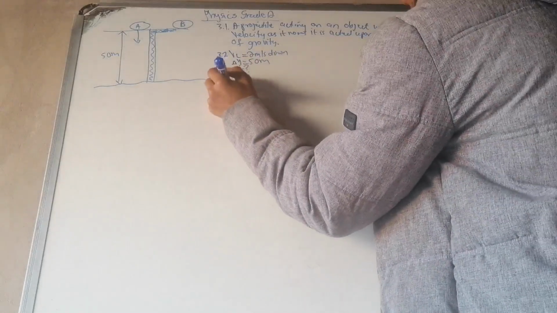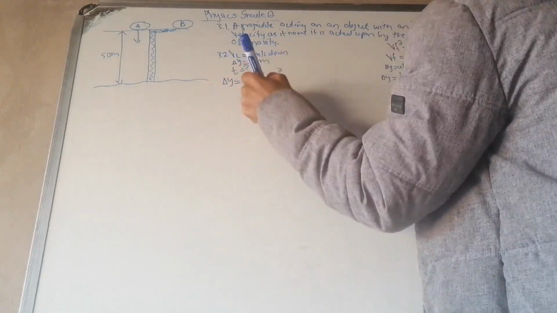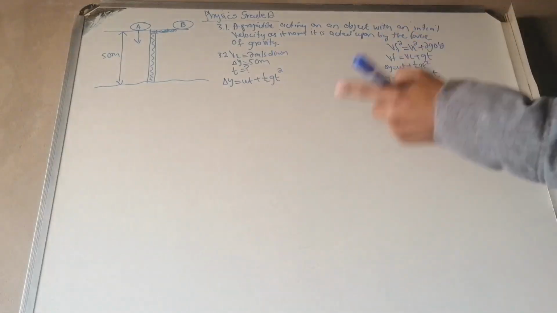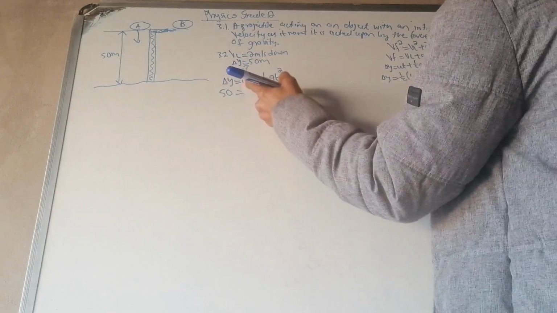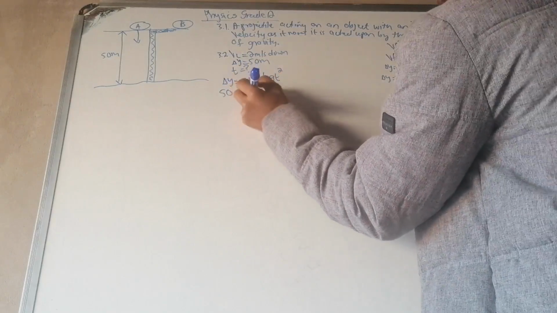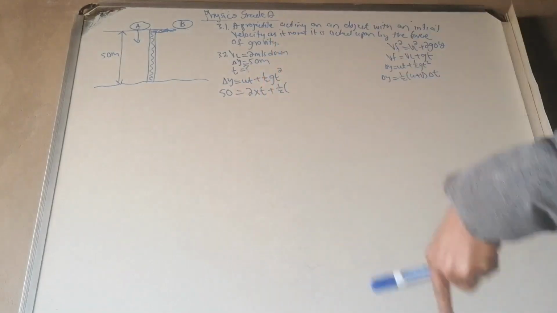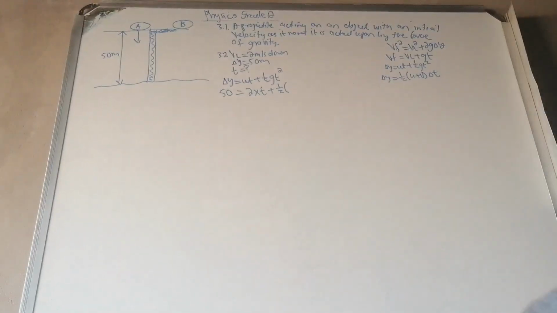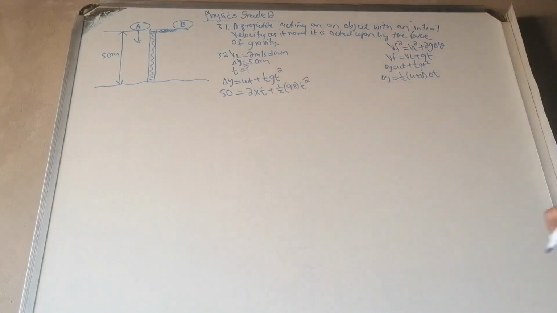We can say the change in y equals ut plus half gt squared, where u is your initial velocity. Remember, our displacement is positive. The initial velocity is 2. We multiply that by time, because g is always directed downwards and we took downwards motion as positive. You will have your 9.8 t squared.